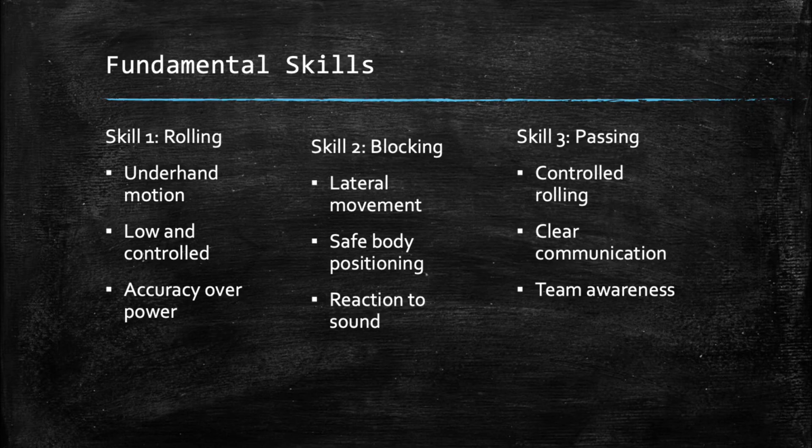For passing, students work on controlled rolling and verbal communication between teammates. These skills are listed directly in the lesson plan success criteria and allow the teacher to assess learning through observation and feedback rather than formal testing.